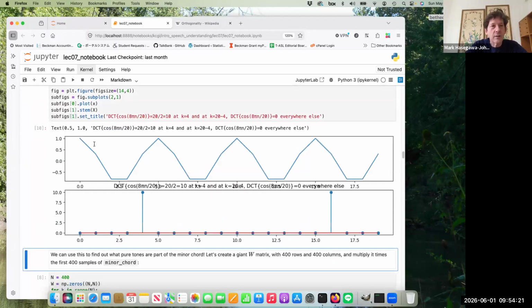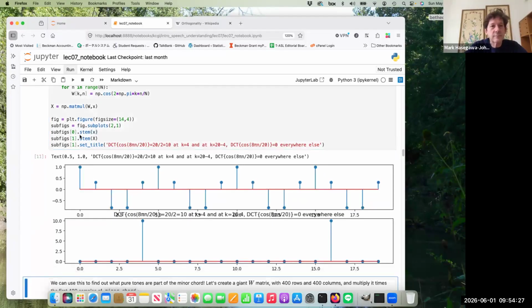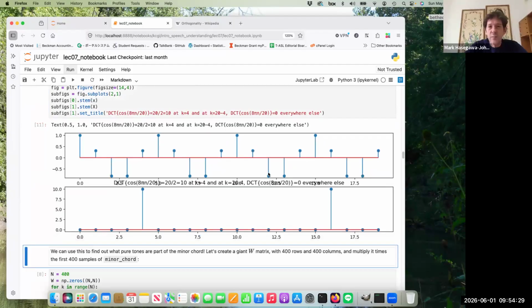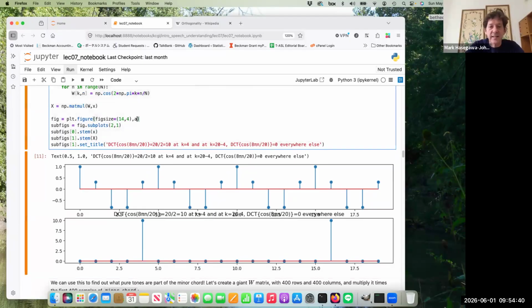All right, so up here, let me do a stem plot with that. So in the time domain, we have a cosine with 4 complete periods. And in the frequency domain, we have a discrete cosine transform. Let me say that this has tight layout so that we can read it a little bit better. And let me create axis labels.